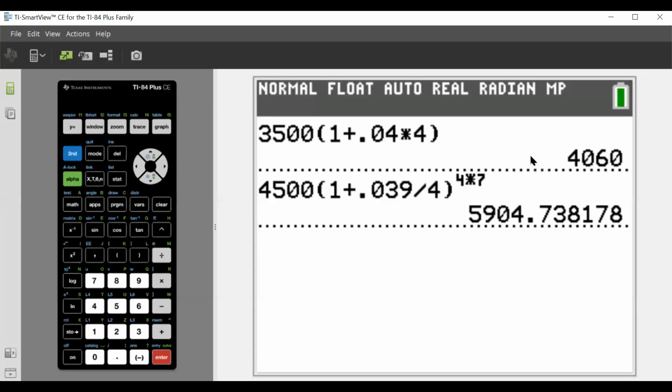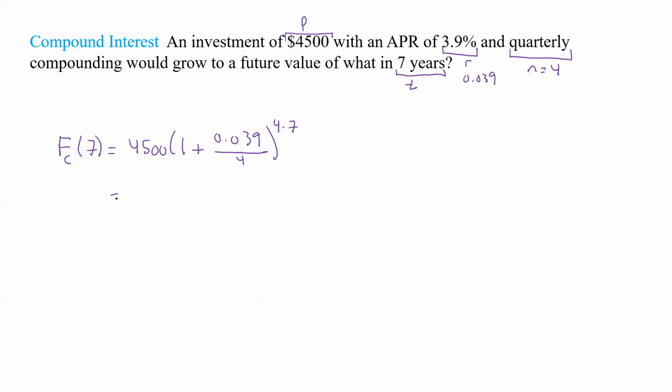So let's move back over here. So that gives us 5,904.74. And again, we're going to use cents, so we rounded that 3/8 up to 4 here, okay? So that's going to be our future value on that investment with those given conditions.